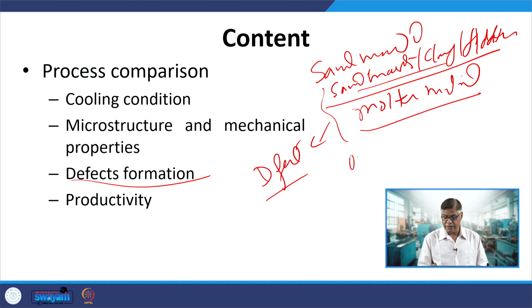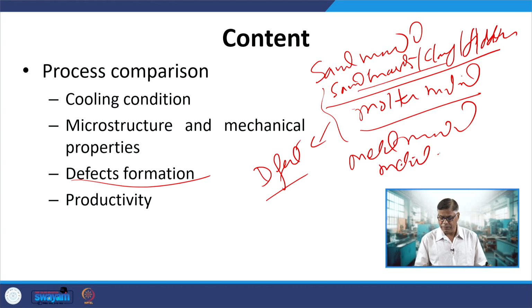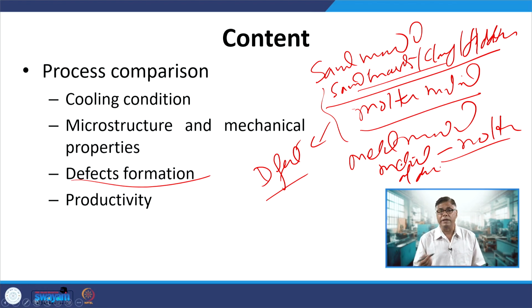On the other hand, in the metallic mold, there is hardly any such interaction. Interaction takes place between the metal of the die and the molten metal. If these interact excessively, soldering happens, where the molten metal sticks to the surface of the mold. This is one aspect, where the molten metal interacts with the constituents of the sand mold or the metallic mold.